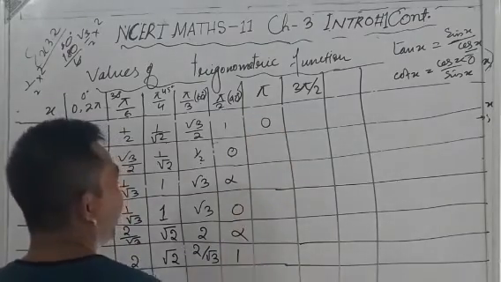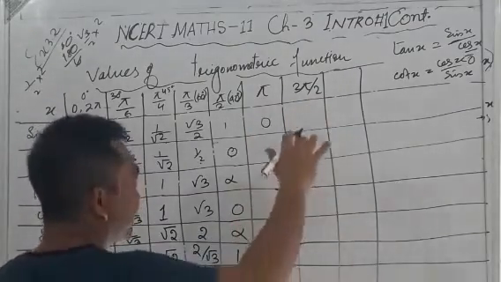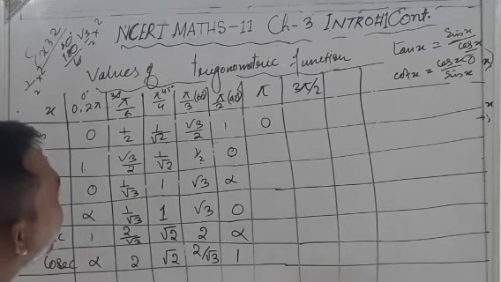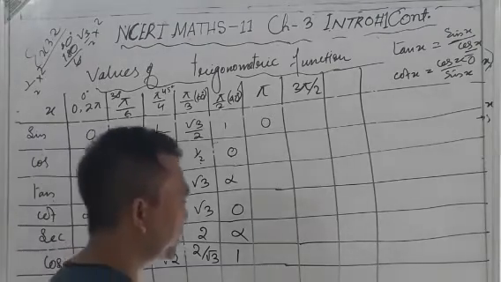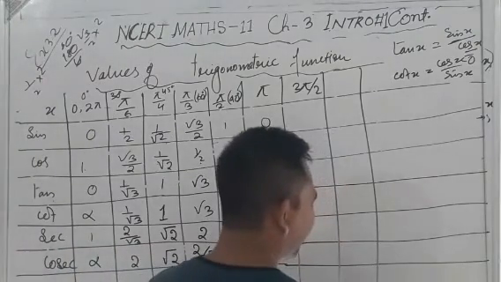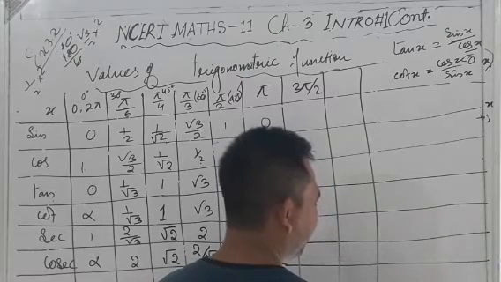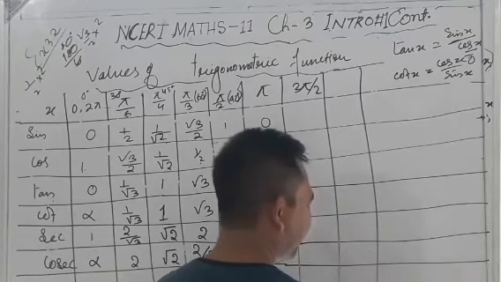Okay, at 3 pi by 2, so what is it? If we check with the alphabet code, which quadrant is it? All positive, sin positive, and so on, right?